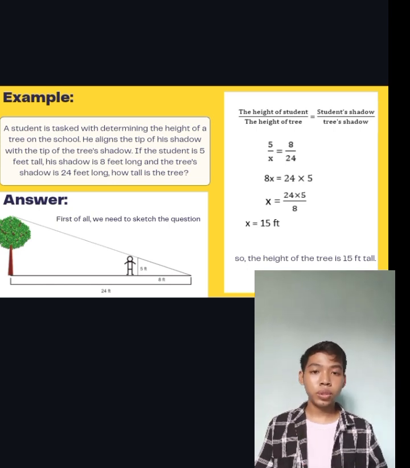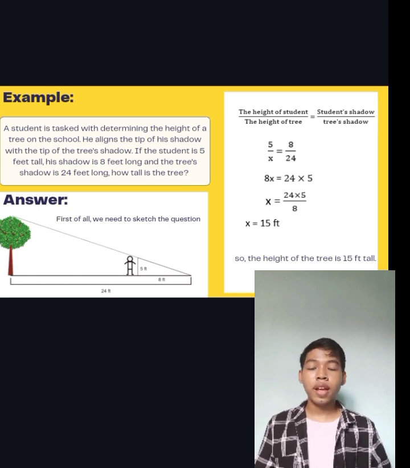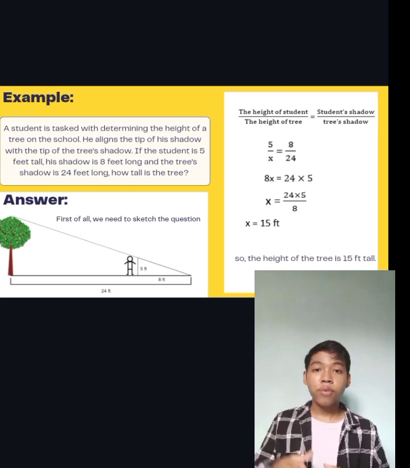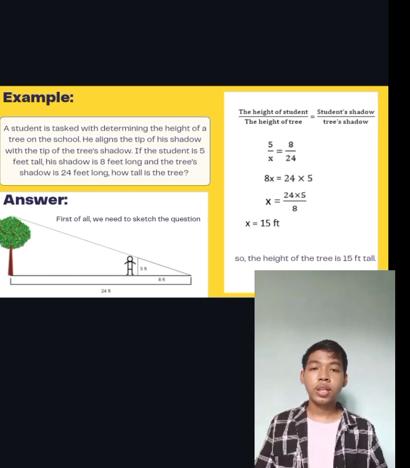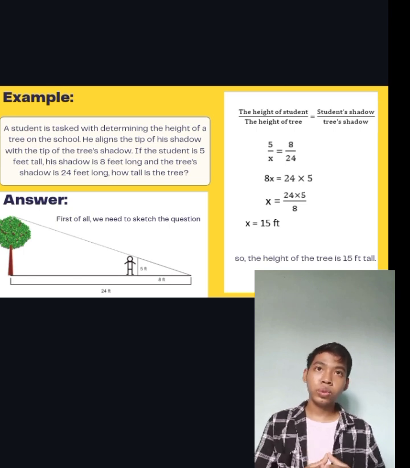Okay, we can substitute the shadow of the student, the shadow of the tree, and the height of the student, which we know, and we get 5 over x. X is for the height of the tree, right? We can represent it with a variable, equals 8 over 24.